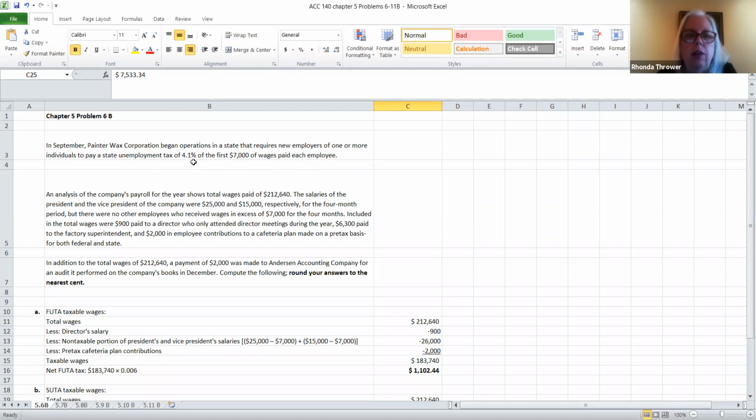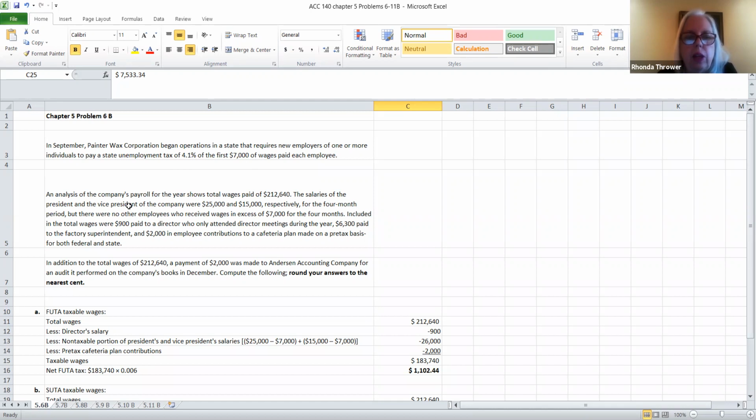So the state rate is going to be 4.1% on the first 7,000. That's the ceiling for SUTA for this particular company. That's the SUTA ceiling.